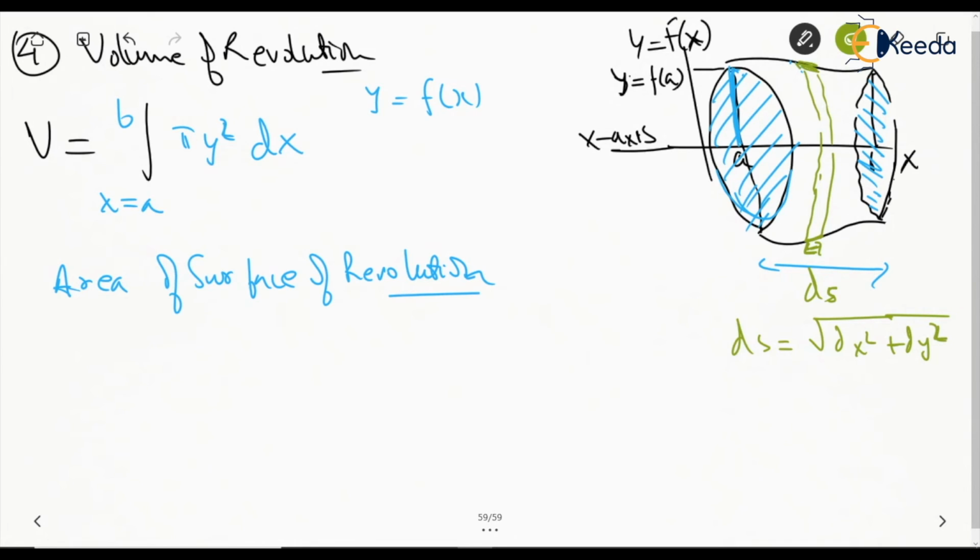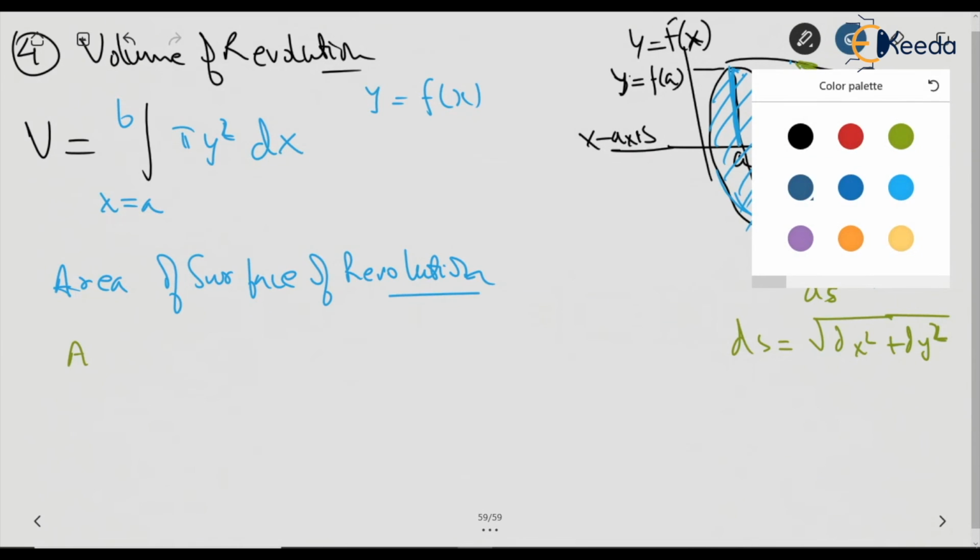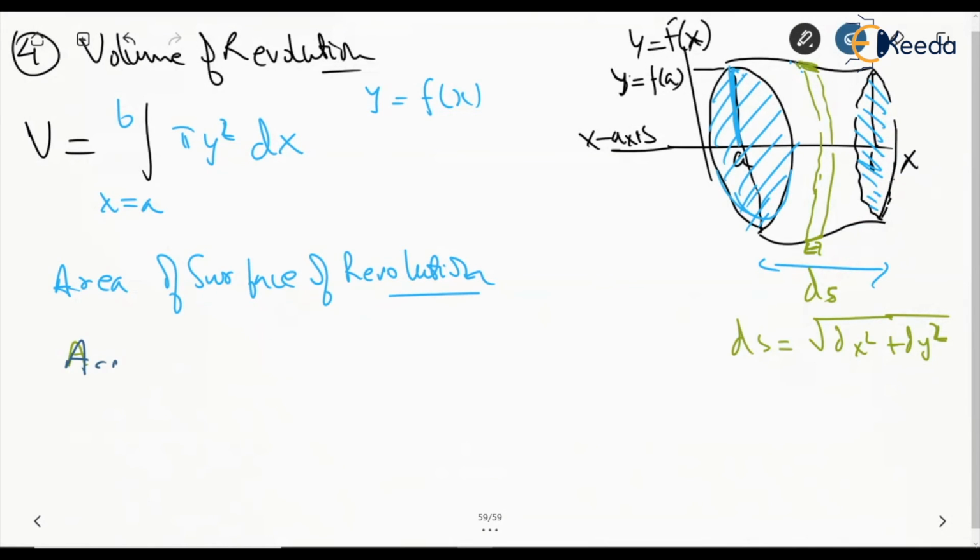right? So now what we want is the surface area will become the ring will have into ds. So this area or surface area, this area will be two pi r into ds. Yes, this will be 2 pi r into ds. And what is this r?